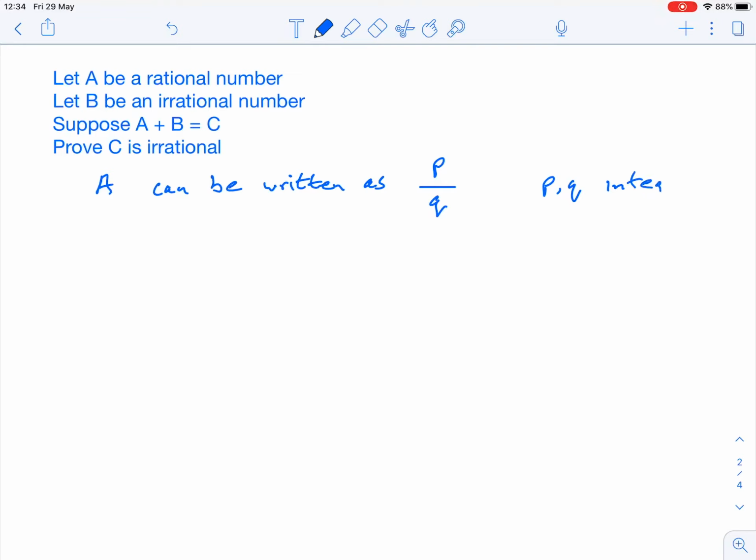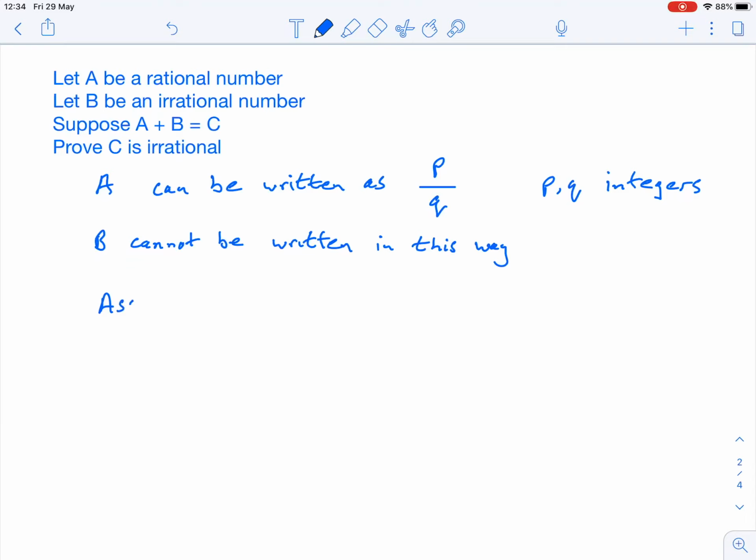That's what we mean by a rational number, a number that can be written as some integer divided by another integer. b cannot be written in this way. Because that's what separates rational numbers from irrational numbers. Now, I'm saying prove c is irrational.